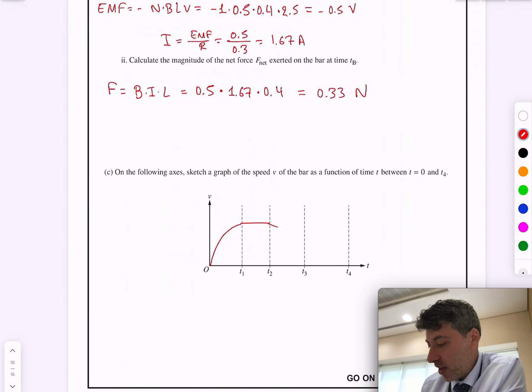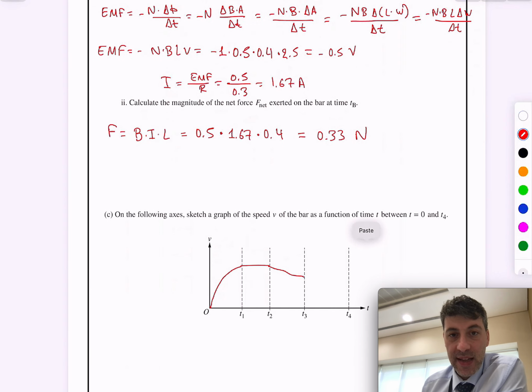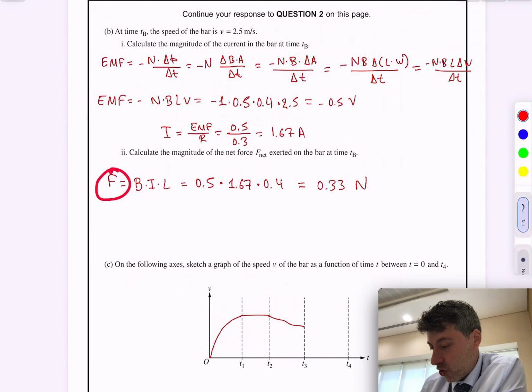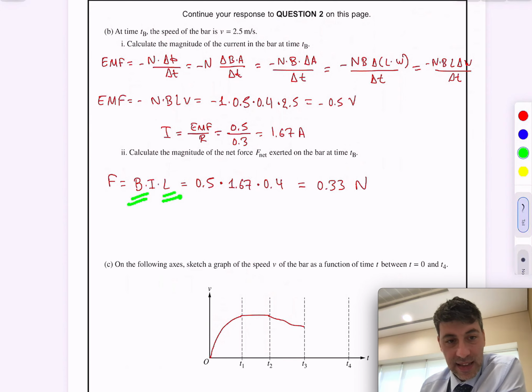Now we need to determine if the speed will be decreasing linearly or non-linearly. In order to figure this out, we say that the force depends on the magnetic field, which is constant, the length, which is constant, and the current depends on the EMF, and the EMF depends on the speed.